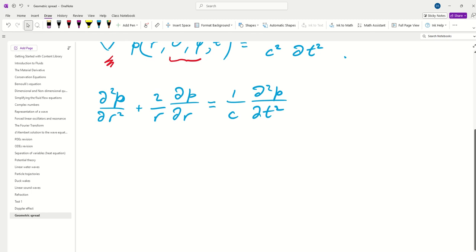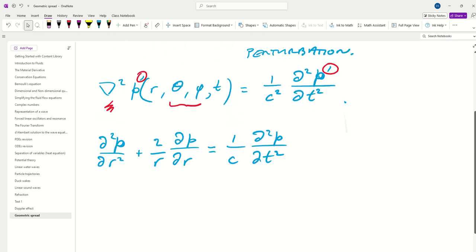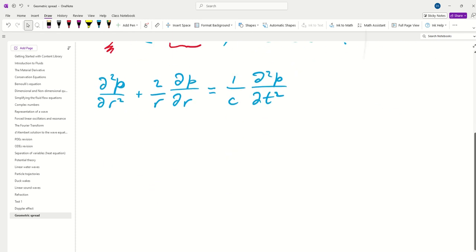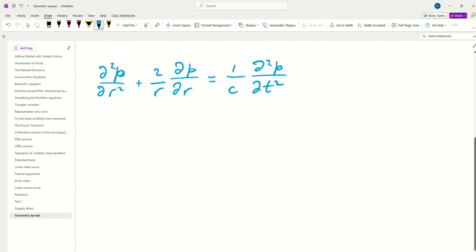All right. So what we've reduced our problem to is understanding what pressure is out here, right? So we're being lazy. We're not looking at intensity anymore. We're looking at pressure as a function of radius. So we don't want to solve this with separation of variables. We could solve it, but we're lazy, and I'm pretty sure there's a better way.